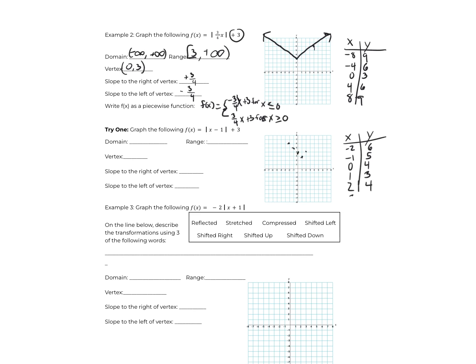Now, if I were to run 3 through the function, 3 minus 1 is 2. Absolute value of 2 is 2. 2 plus 3 is 5. You'll see that this is going to start increasing again. So this side will go up like that. This side is going to go up like that. So again, the domain is negative infinity to positive infinity.